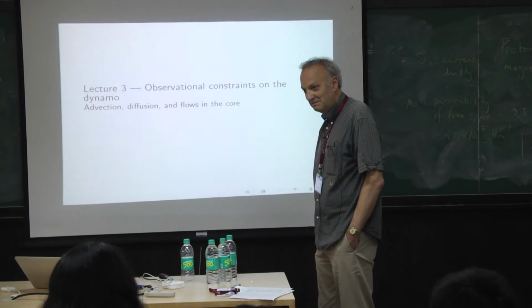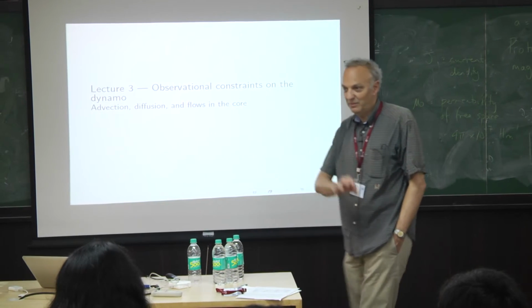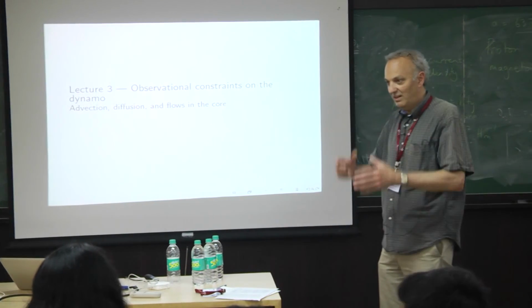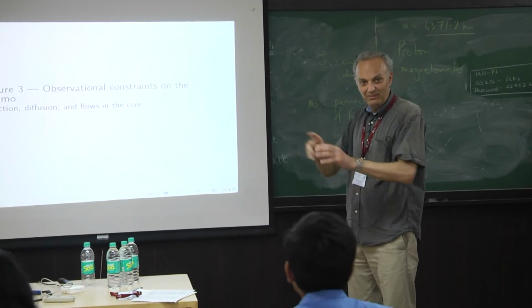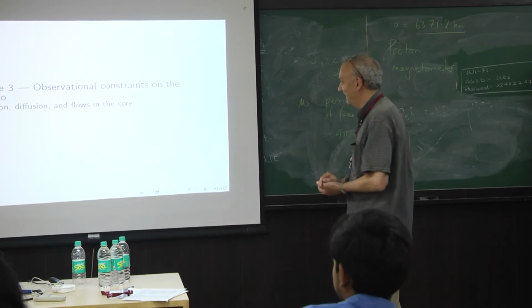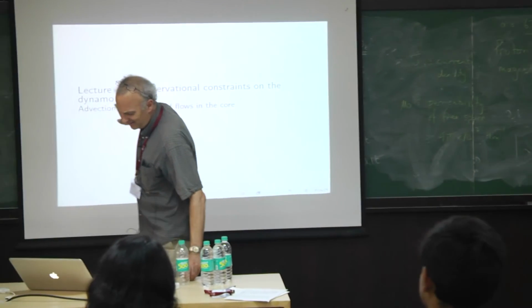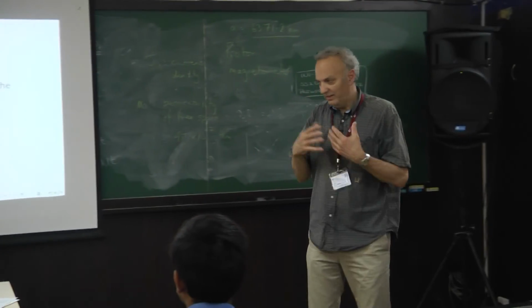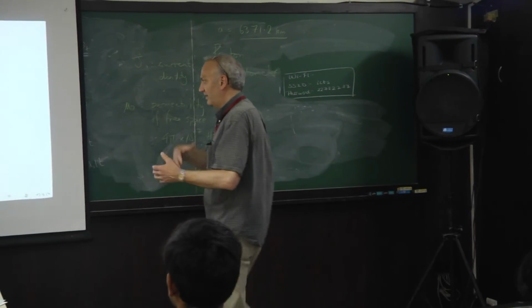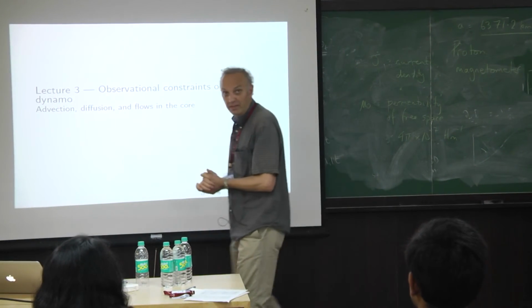I think Chris is going to talk to you about the Proudman-Taylor theorem, so just bear in mind the observations for tomorrow. I might say a little bit myself. We've now got a very convenient representation of the field and its evolution, and we'll see how we can make use of this.